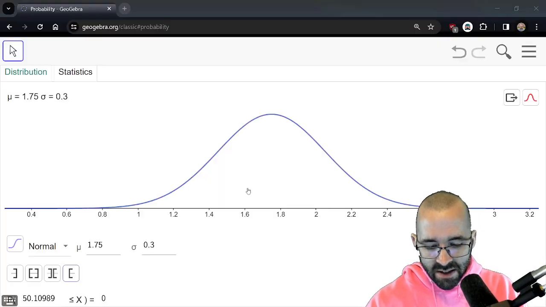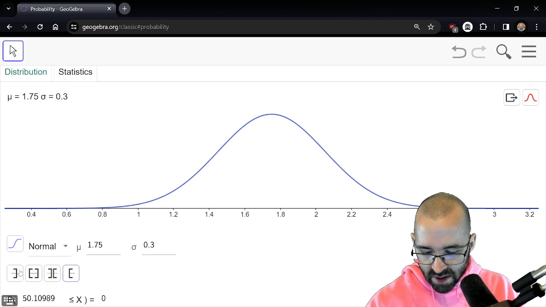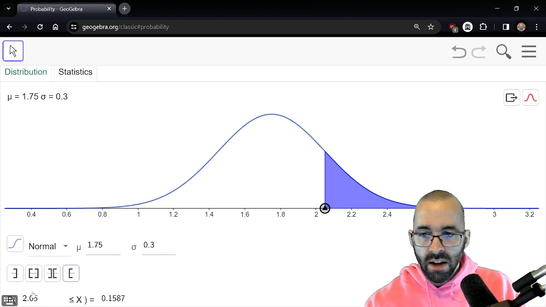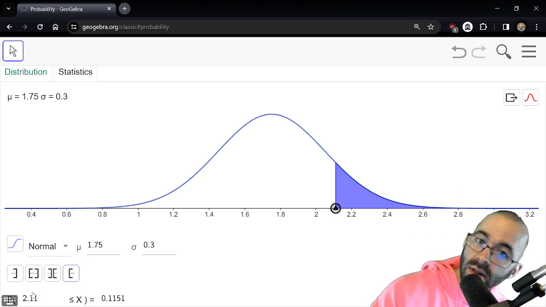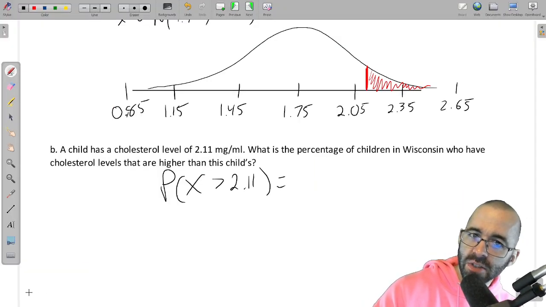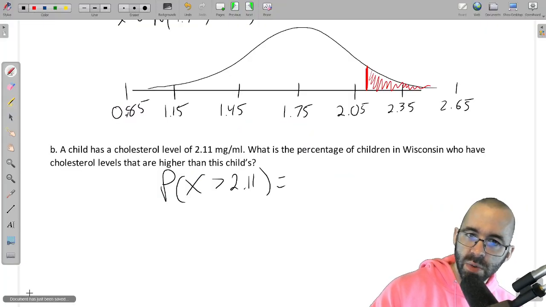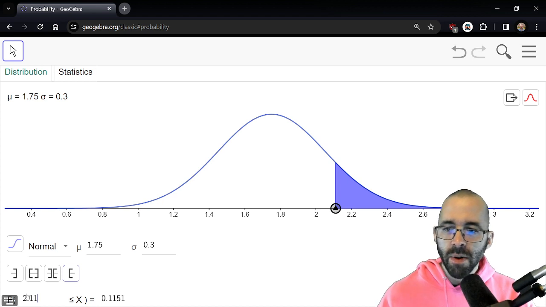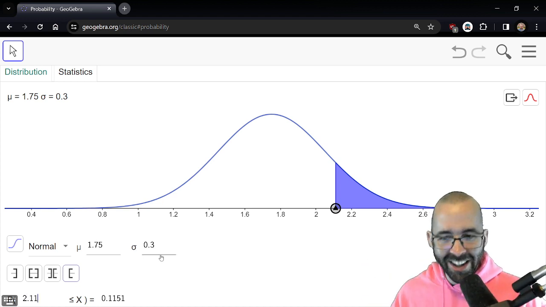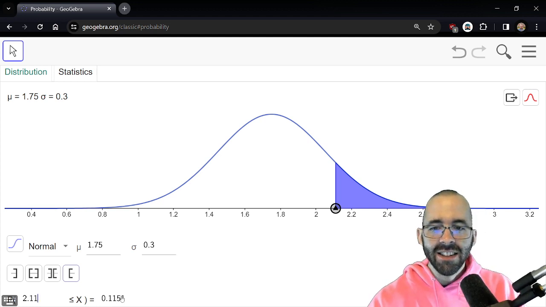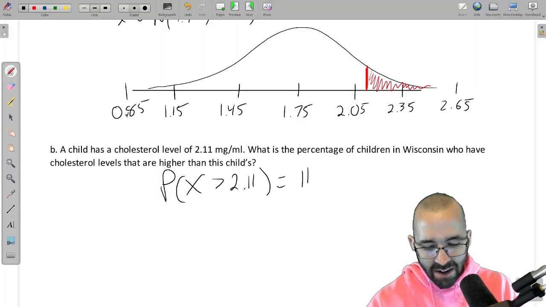What's the probability we're at least 2.11? That's going to be this button to the right. And again, it should look like our picture. It looks a little different from our picture, maybe. But that's just because of how I drew it. This probably, oh, I guess 10%. I did pretty good, huh? I didn't actually know the answer. It's 11.51%.